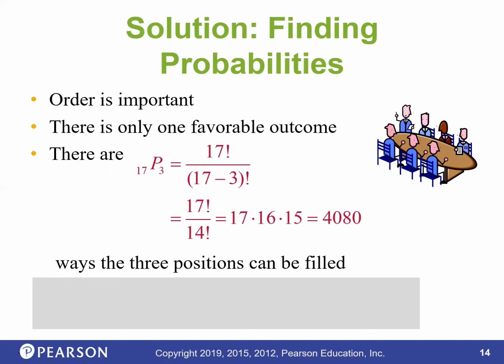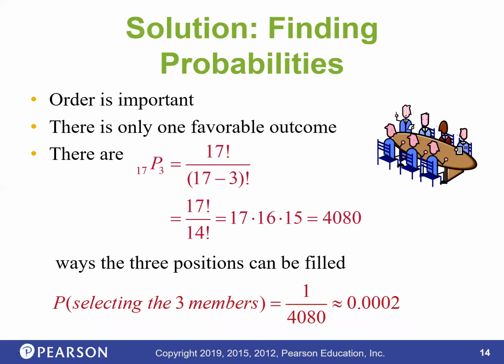Now the question is, what's the probability of this happening? Guys, ready? This is the big one right here. We wanted to get to the 4,080 to be our denominator. So 4,080 is the number of possible ways this can happen. It's our denominator for probability. So what's the probability of selecting those particular three members?